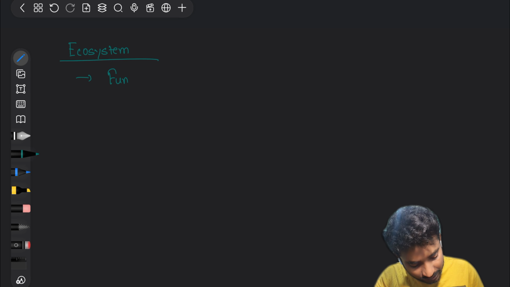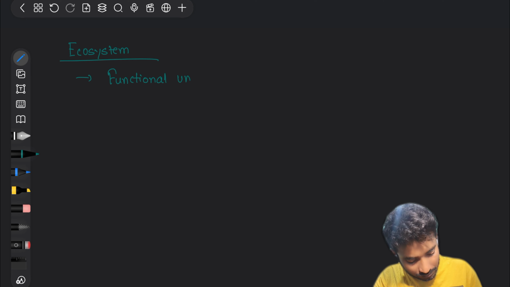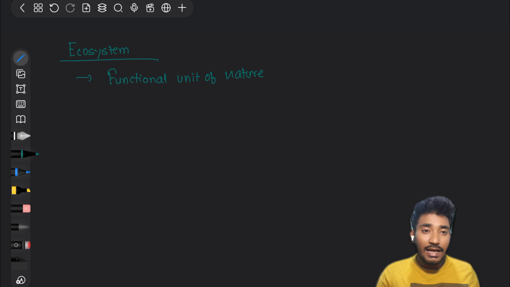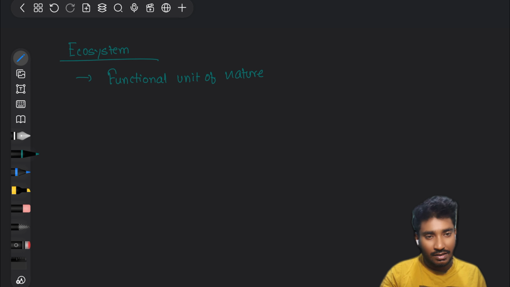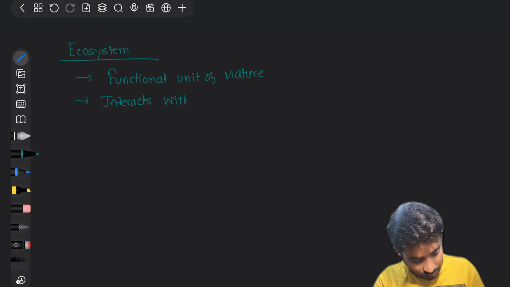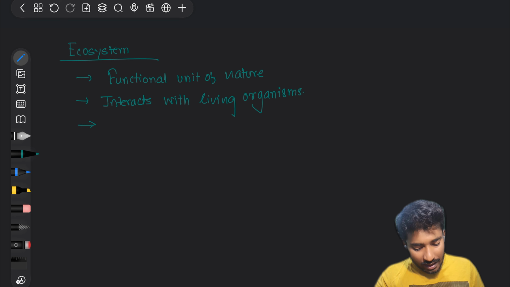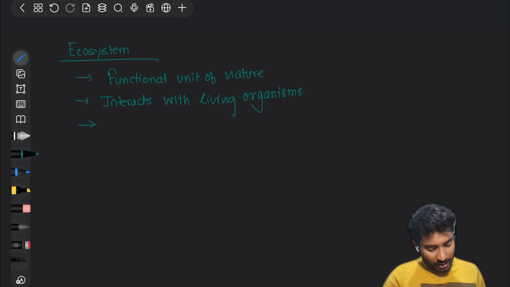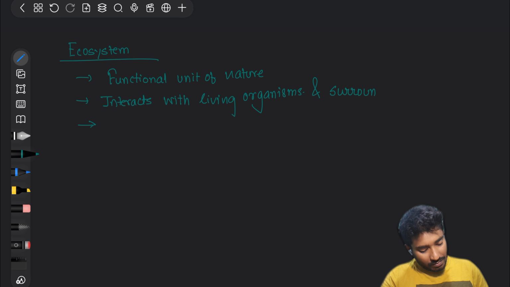If it is a functional unit of nature, then it interacts with the living organisms as well as with the non-living surrounding physical environment of nature.